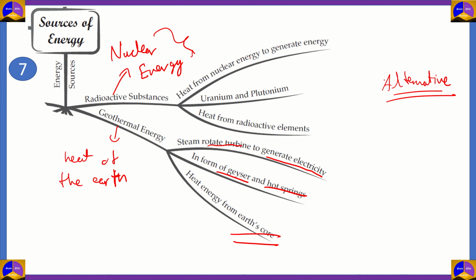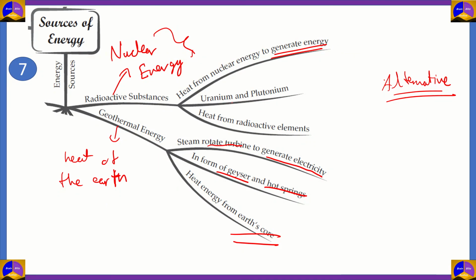And this heat from nuclear energy is being used to generate electricity by spinning turbines with steam. So the heat from the nuclear energy plants heats up water, and that water turns to steam, and that steam turns turbines in order to generate electricity.